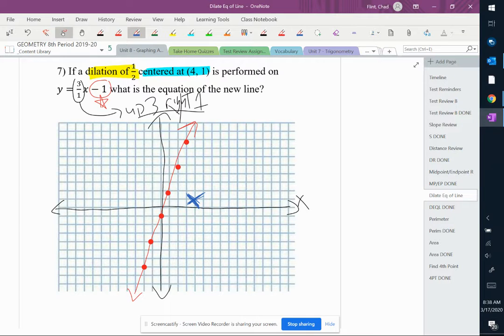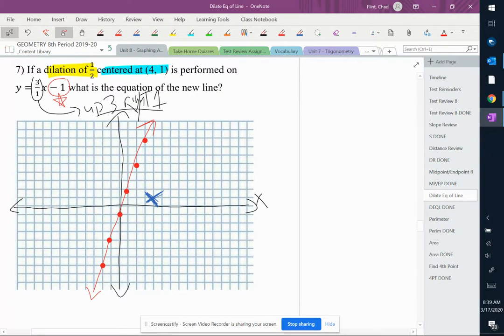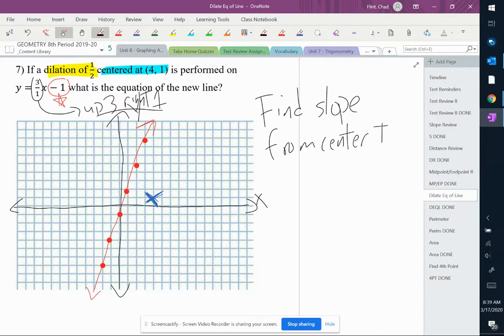Now, this is the least common of these problems because it's centered at a point that's not on the line. So I have to think back to what we did in the previous unit where we did dilations that were centered all over the place. The best thing to do is to find the slope from the center, that means start at the x, to any point on the line.